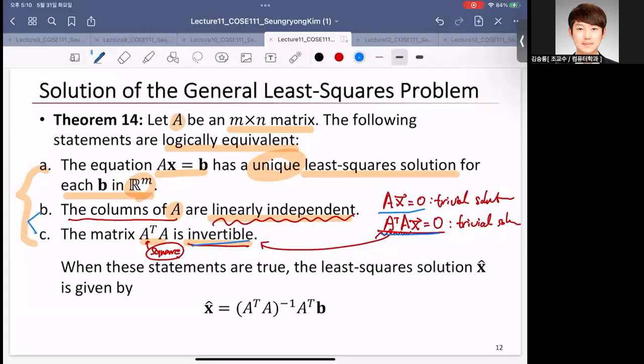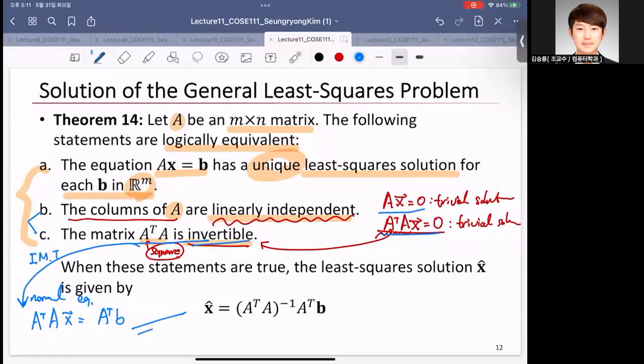Then from the normal equation, A transpose A x equals A transpose b, because A transpose A is invertible, there exists the inverse of matrix A transpose A by the IMT, inverse matrix theorem.